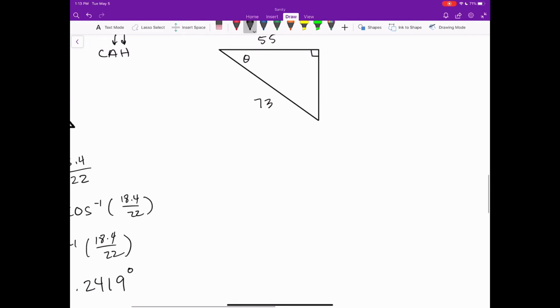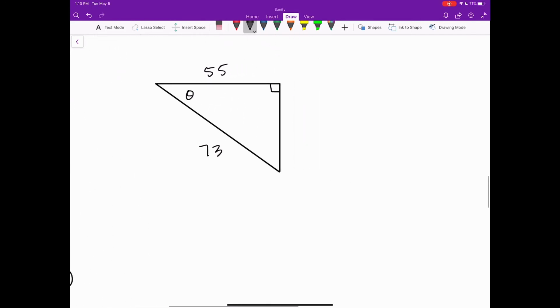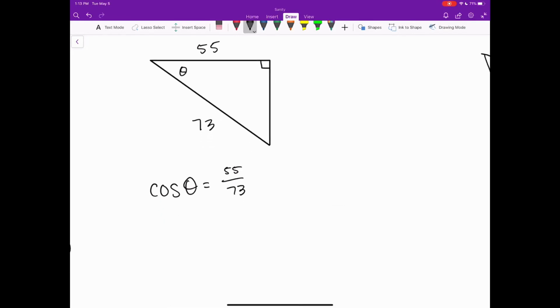This next one here, again, let's just write out our cosine equation. So cosine of theta is 55 over 73. And then to solve for theta, I'm going to take the inverse cosine of both sides. So cosine inverse of, and this is a lot to write out, but again, I would say just take it step by step until you get the hang of it here.